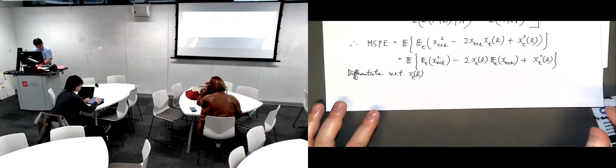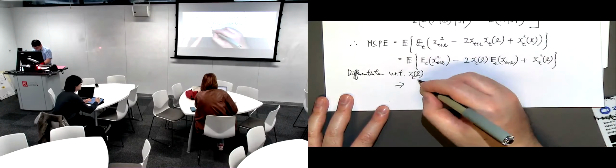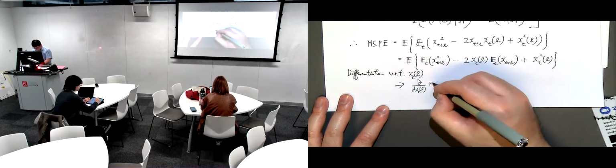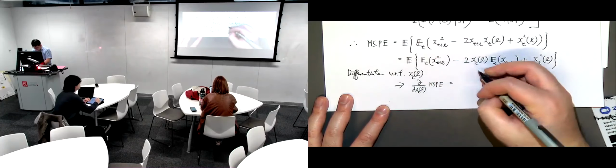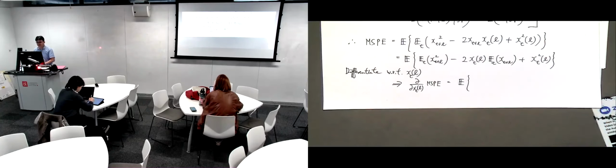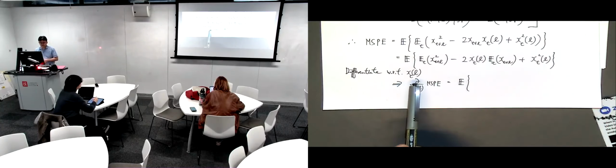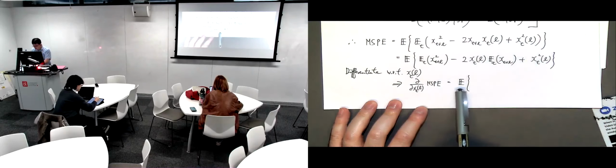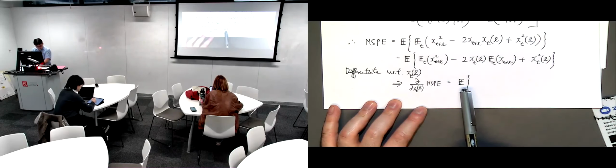So we differentiate the MSPE with respect to X_t bracket L. If you do measure theory and integration theory, you ask, can I exchange the integration and differentiation here? Let's assume we can exchange that. If you don't even know what I'm talking about, let's forget that. So the differentiation we take inside the expectation sign.